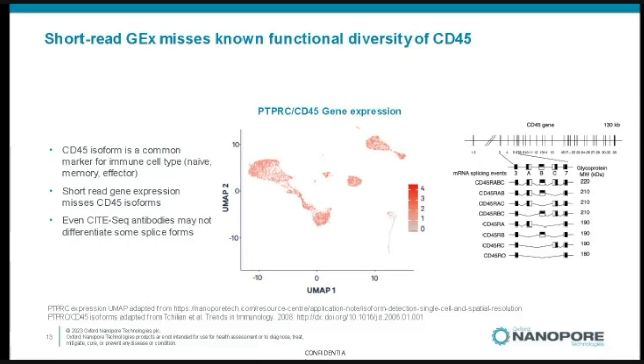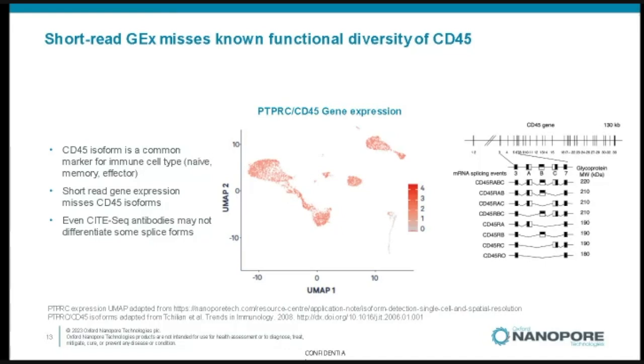CD45 is a frequently used marker for immune cells, and it is well established that certain cell types use specific isoforms of CD45. So you might well expect to see a difference in expression across different cell types in the middle panel, but you don't. All you see is homogeneous expression of CD45, because here they are looking at short read expression that is unable to identify the isoforms.